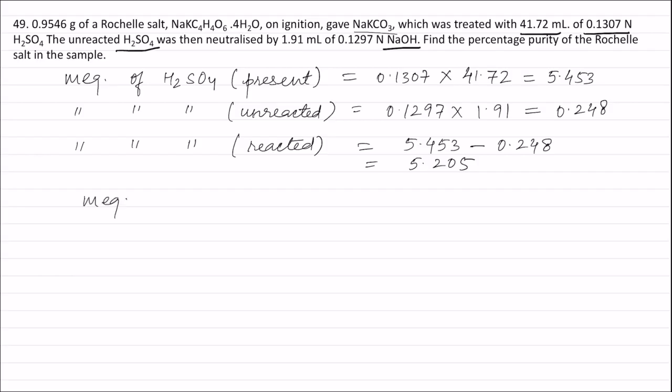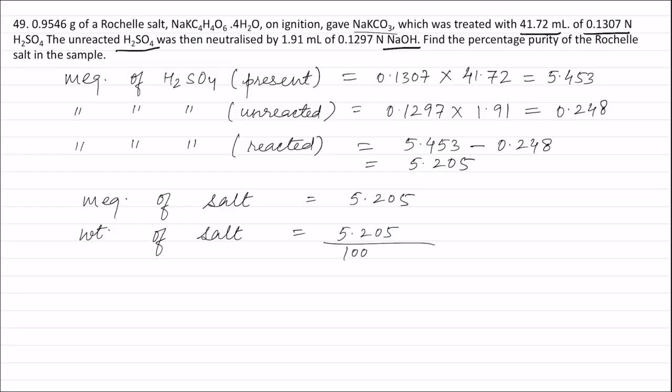Therefore, milliequivalents of salt is equal to 5.205 milliequivalents. From this, weight of salt will be equal to equivalents of the salt, that is 5.205 divided by 1000 equivalents. To change milliequivalents into equivalents, we will have to divide the milliequivalents by 1000.